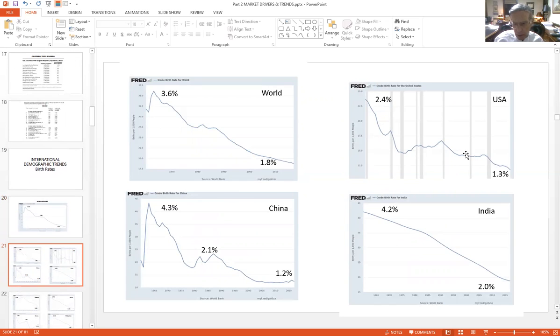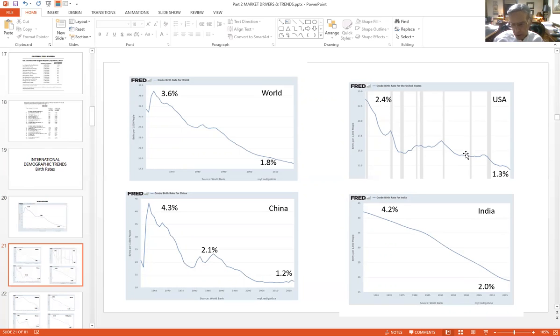Anyway, here are birth rates, and the one in the upper left-hand corner is the same one we just looked at. The one in the upper right-hand corner is the United States, and you can see that its rate is lower than the world or global average, which was 1.8. China is even lower, 1.2% today, compared to 4.3% back in 1960.